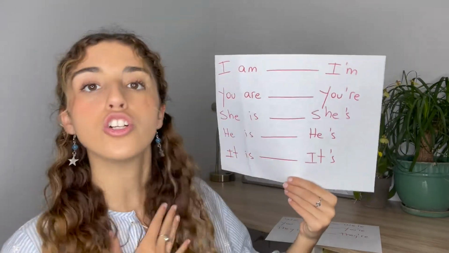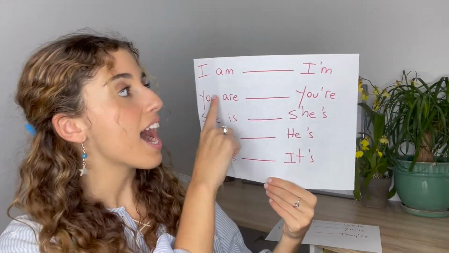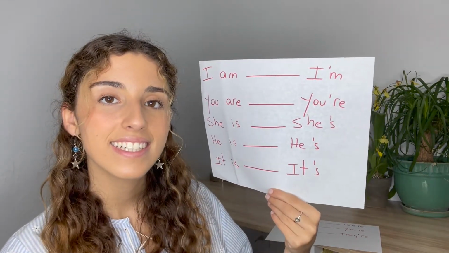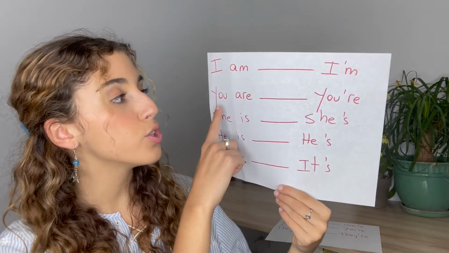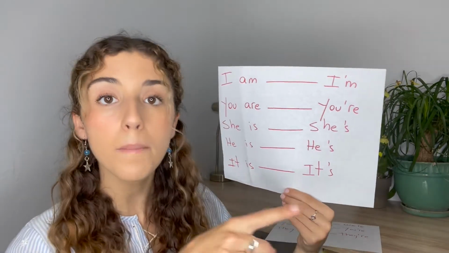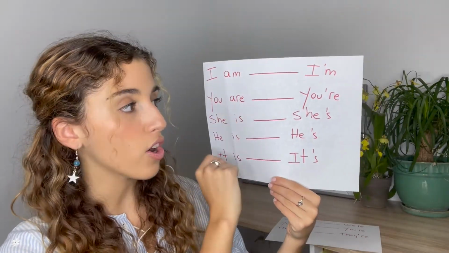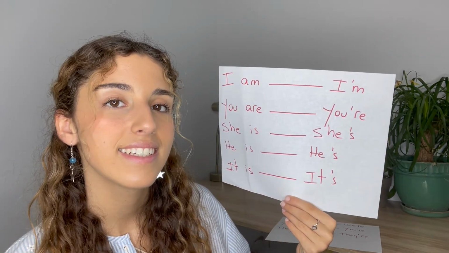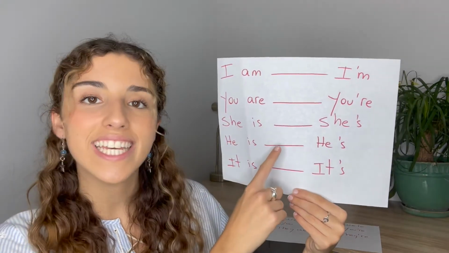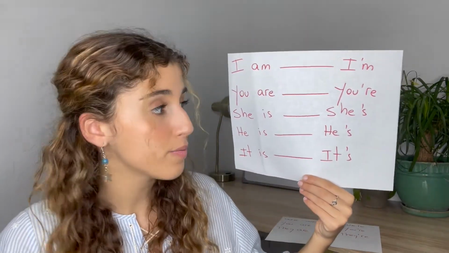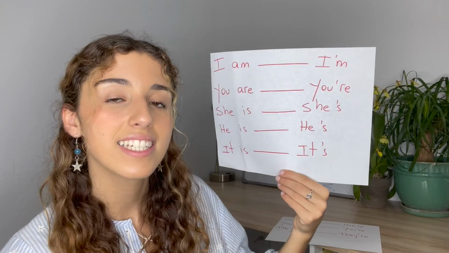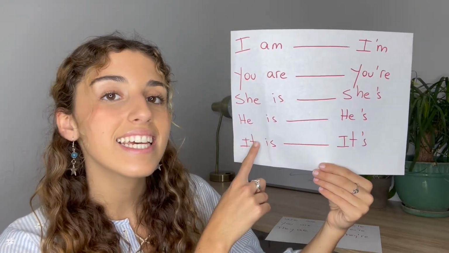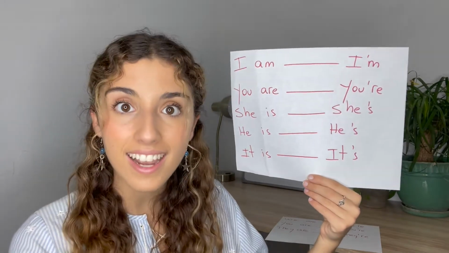Now repeat after me. I am, you're talking about yourself. I am, I'm. You are, you're talking about somebody else. You are, you're. She is, you're talking about a girl. She's. He is, you're talking about a guy.